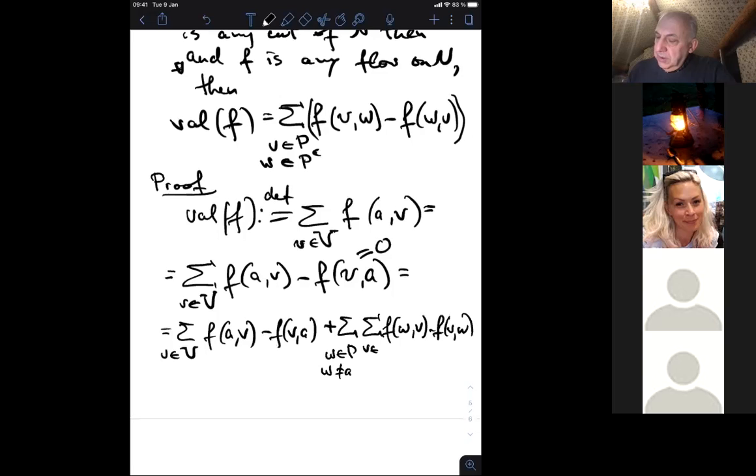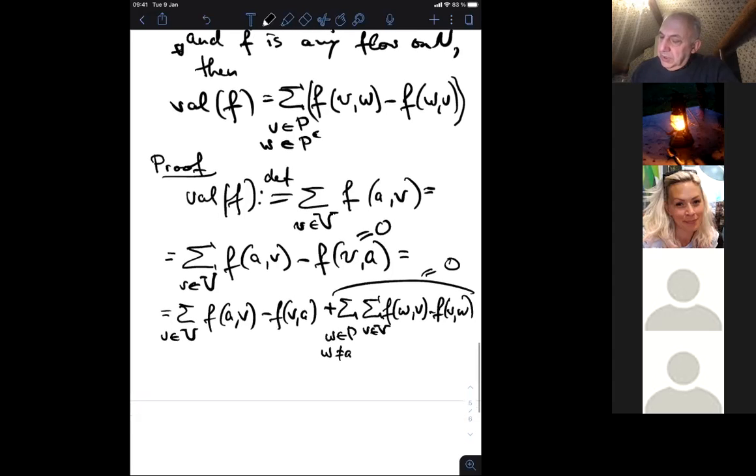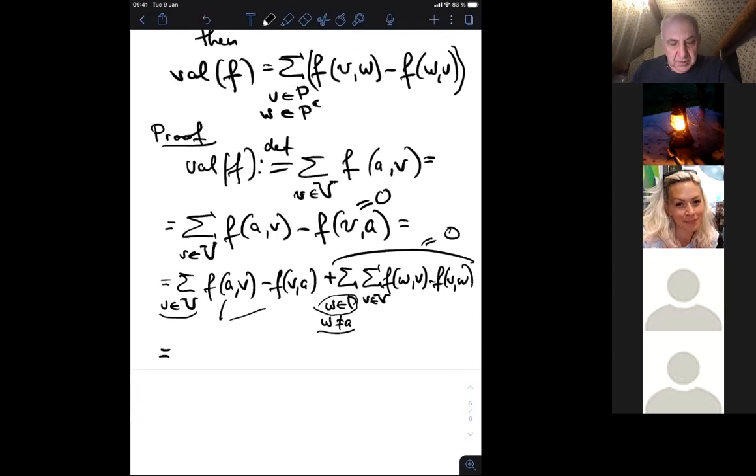And this is 0 because of the balancing condition, so we can add this thing. Here we're taking all vertices in P which are not A, and here we're taking A itself. So we can add these two things together, and we get the summation over all W in P, including A, of the summation over all V in V of f of WV minus f of VW.